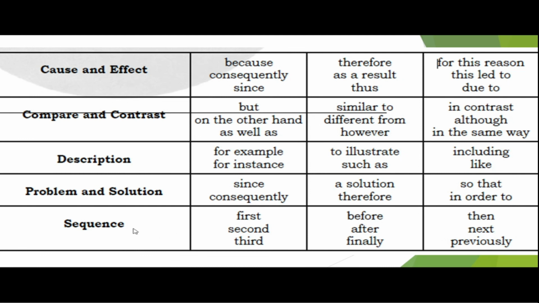Now, if you choose the sequence structure, you can use the following: first, second, third, and so on. You can also use before, after, finally, then, next, previously. Now, these are the things that you should know about exposition and writing your own expository text.